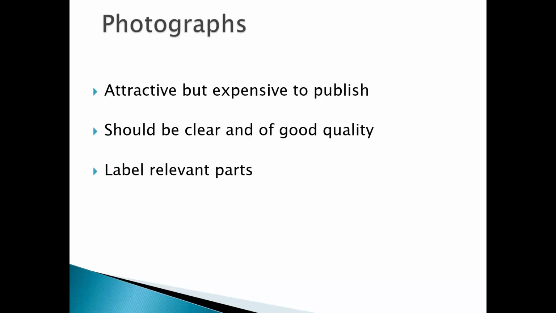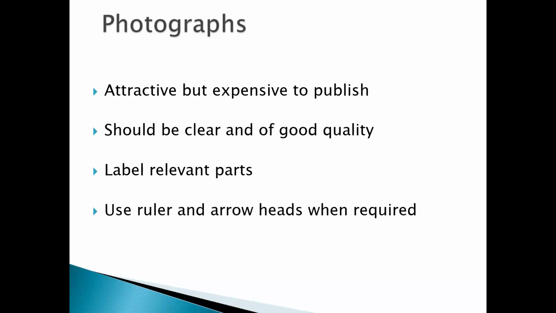Label relevant parts, because when you put in a figure, the readers will see the figure in different ways. We don't know where the reader is looking in that photograph. So it is always better that you mention where you want the reader to look. And to give you an idea of the size of the object or image that you have shown, it is always better to use a ruler and, as I said, arrowheads as well.